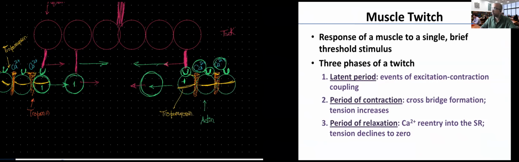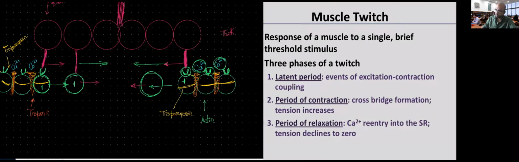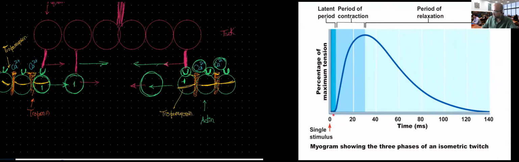So what happens during this latent period? In those few milliseconds, all that we have discussed. The acetylcholine binds to the receptor, allowing the sodium in, creating a depolarization of the cell membrane. This electrical signal travels down the T tubules, causing the opening of calcium channels, stimulating the sarcoplasmic reticulum to release the calcium in the cytoplasm.